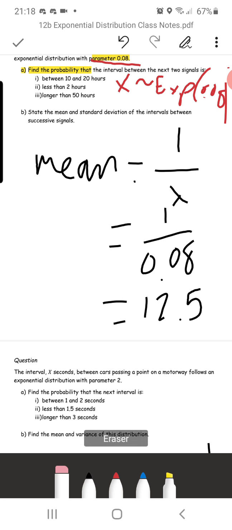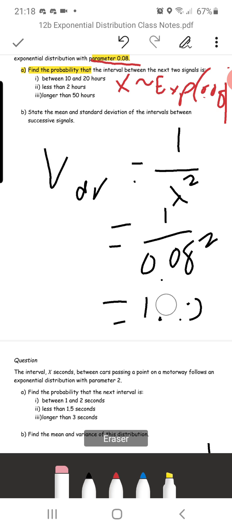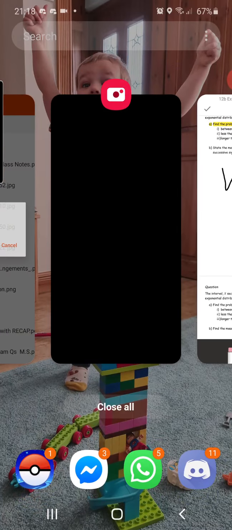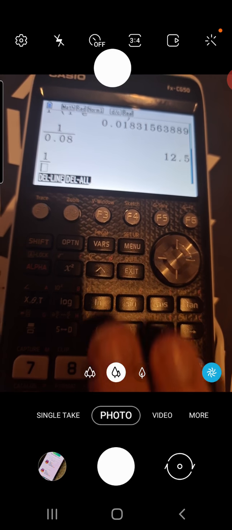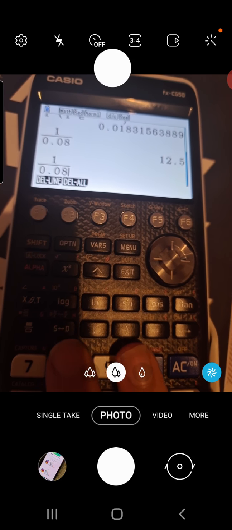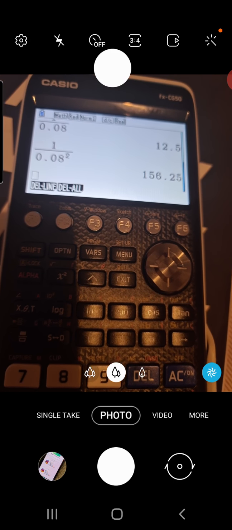Okay, so 1 over lambda for the mean. Now if I do the variance this time, the formula is 1 over lambda squared. I'm going to retype this in, so 1 over lambda squared. 156.25.